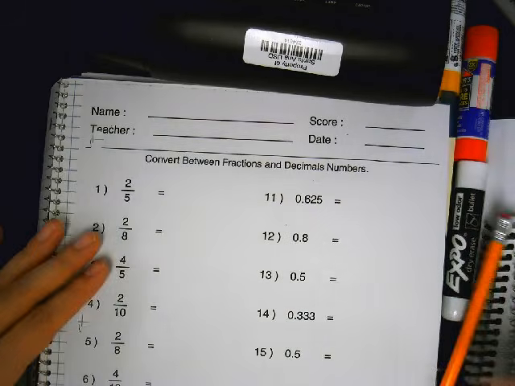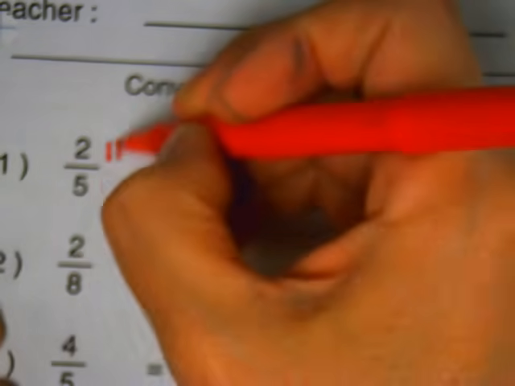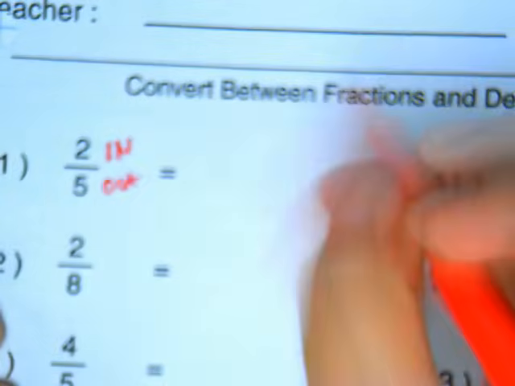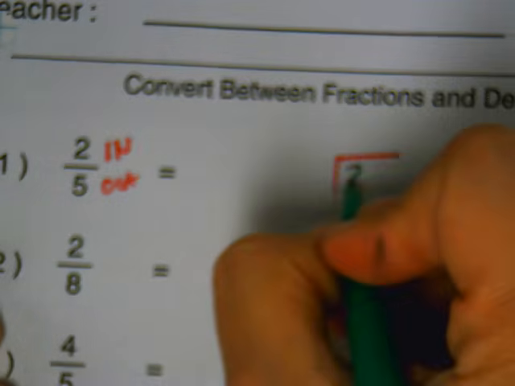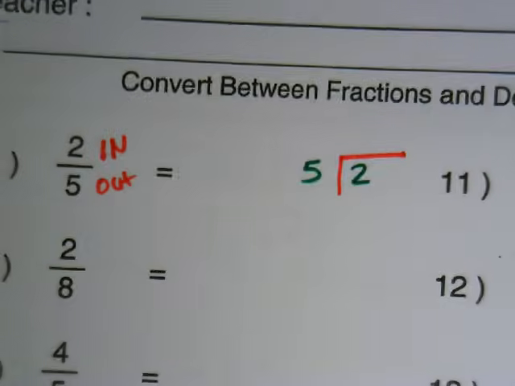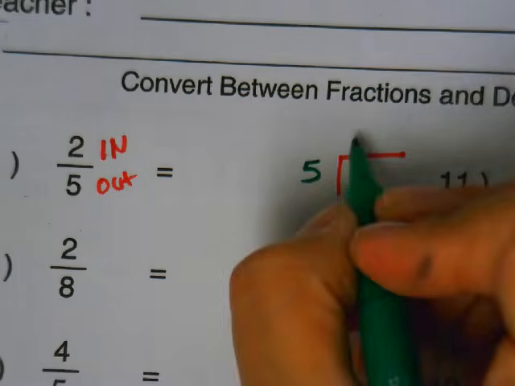Okay, so number 1 thing for this is we're going to do in and out. Our work is going to be squished. 2 and 5, right? Does 5 go into 2? Nope. So 0.0.